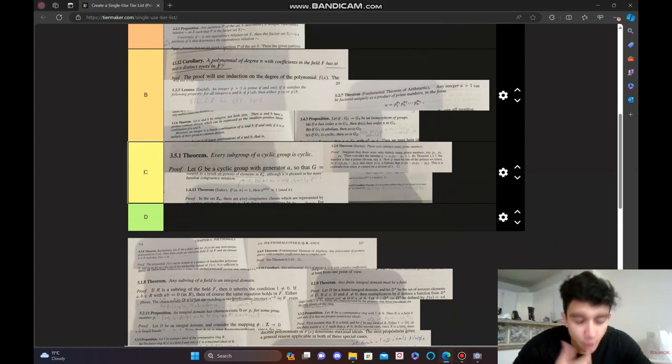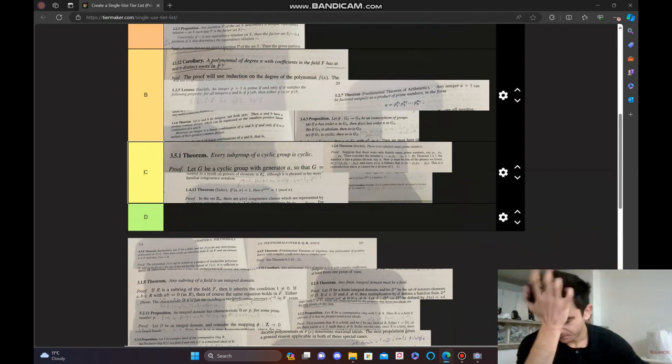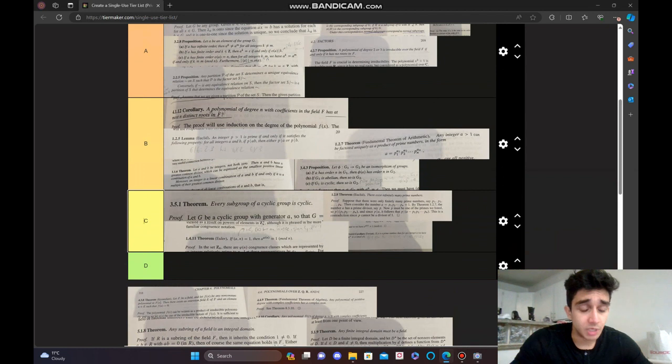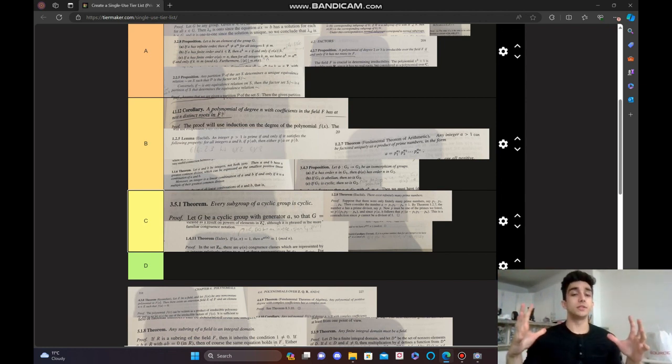Okay, so this one's pretty cool. It's basically talking about if you have a polynomial over an arbitrary field, then what the theorem says is that there always exists a bigger field such that that polynomial has a root in the extension field, in the bigger field.